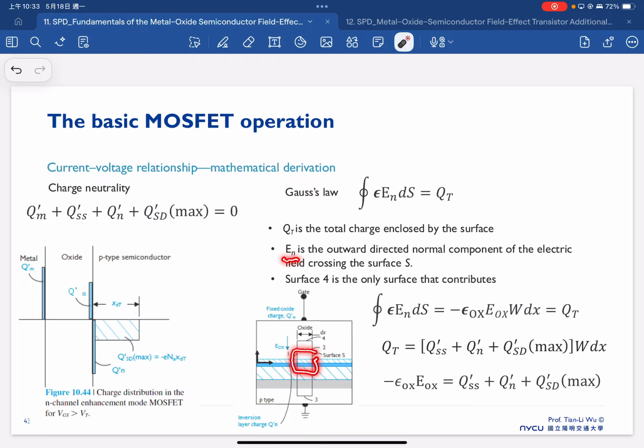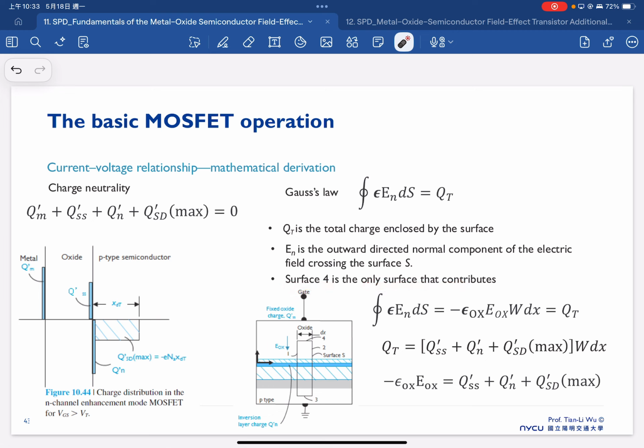En is the outward normal component of the electric field across the surface S, so surface 4 is the only surface that contributes here.